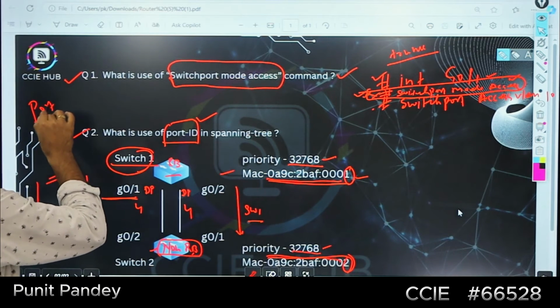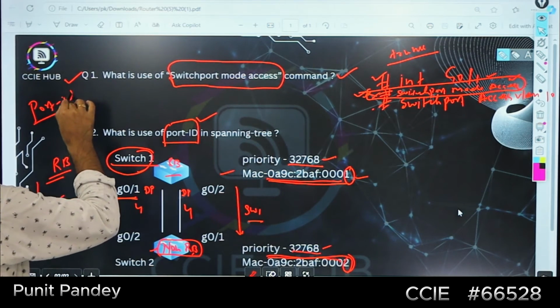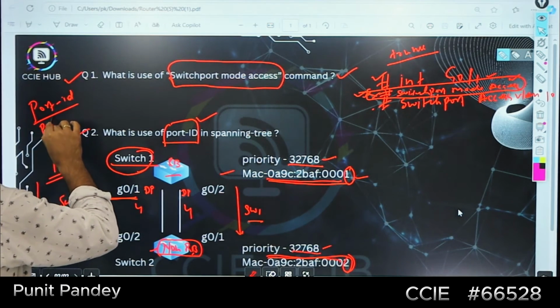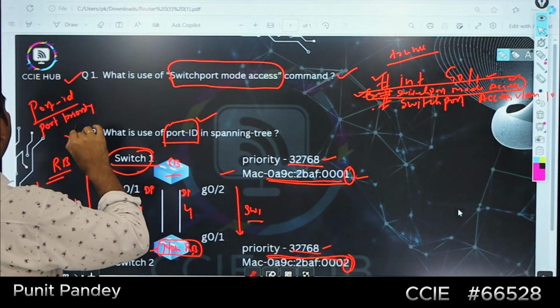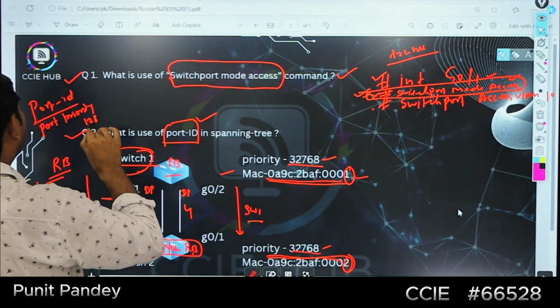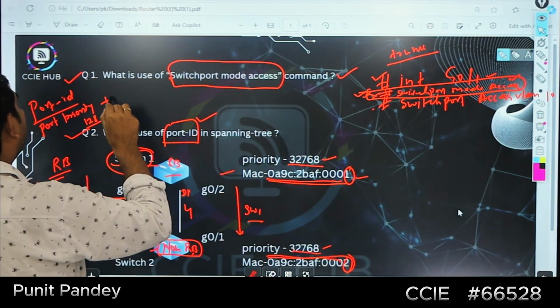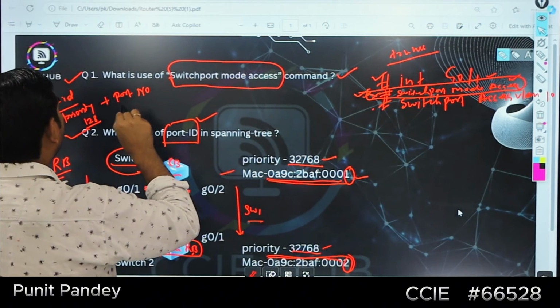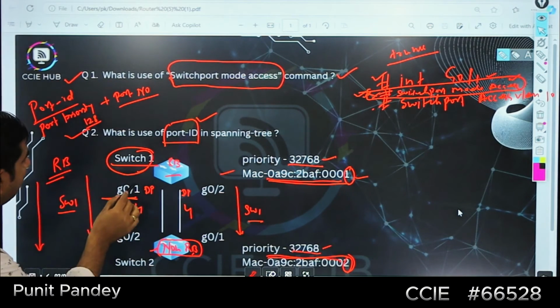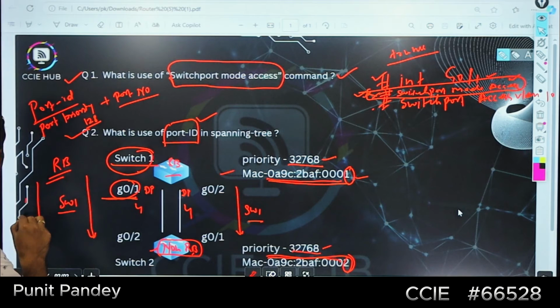In the port ID, there are two things. One is the port priority, which is default 128, and another one is the port number. So what will be the port ID of this one? That will be 128.1.